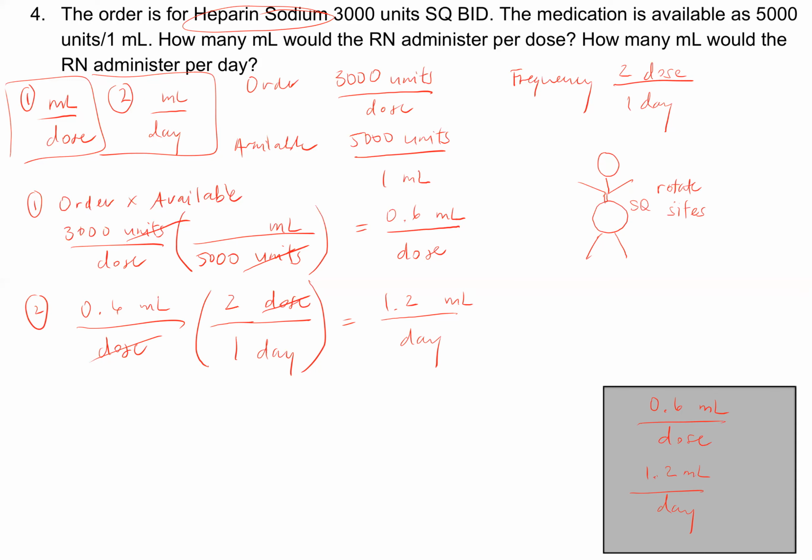Number 5, the patient is receiving a continuous tube feeding at 60 mLs per hour. How long in hours will it take to infuse 500 mLs of solution? So for this one, we have the order for 500 mLs, and just so you remember, we're looking for the units of hours. What we have available is 60 mLs per hour.